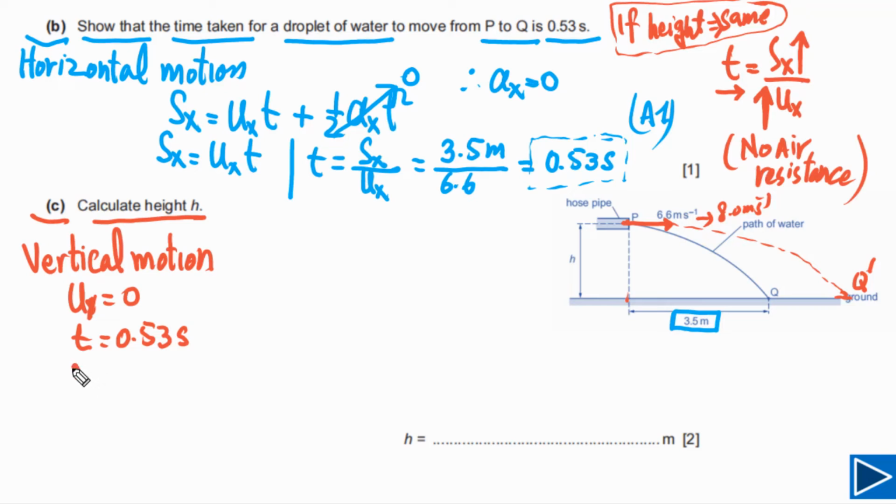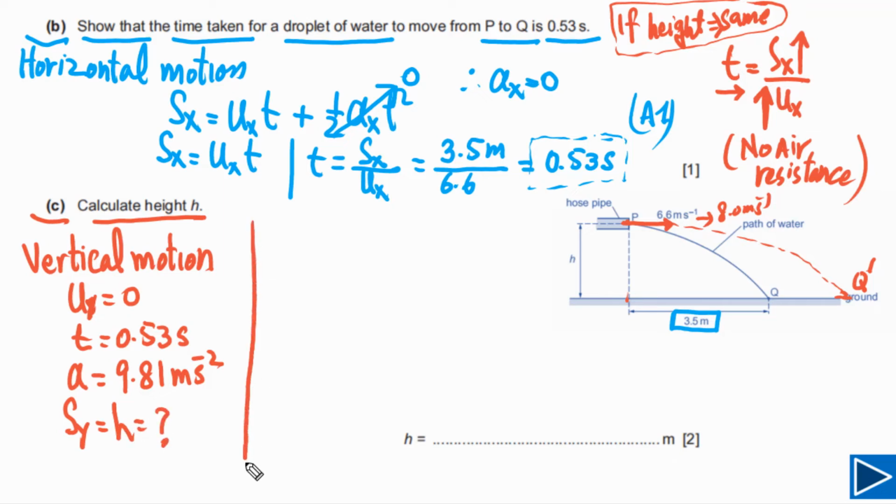Now the next thing we need to understand: along vertical there is acceleration due to gravity, and the value of that is 9.81 meters per second per second. We need to find the vertical displacement. It simply means we need to find the height. In this case acceleration is constant, so we can use S is equal to ut plus 1/2 at square, and we need to choose one direction.